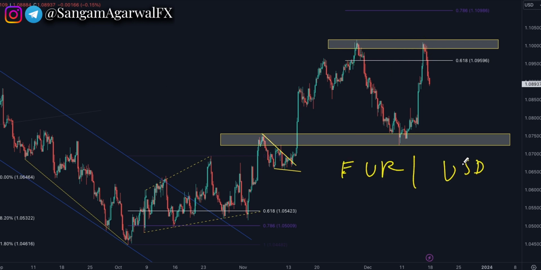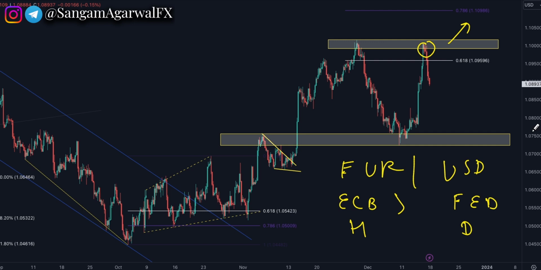If you see these two currencies and the central banks behind them, the Fed was dovish, everybody knows, but the ECB was hawkish. So the euro was strong and the dollar was weak. That's why the dollar index made a new low, but EUR/USD only made a double top.